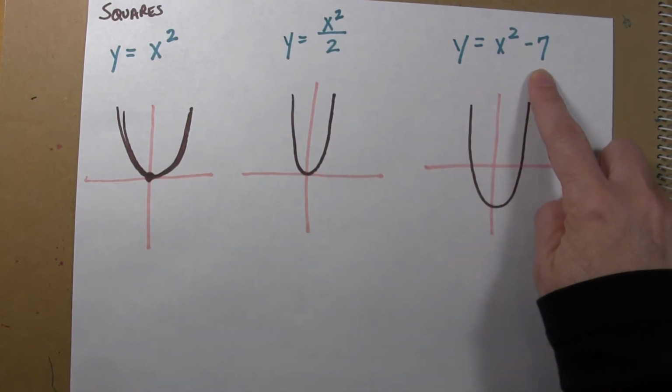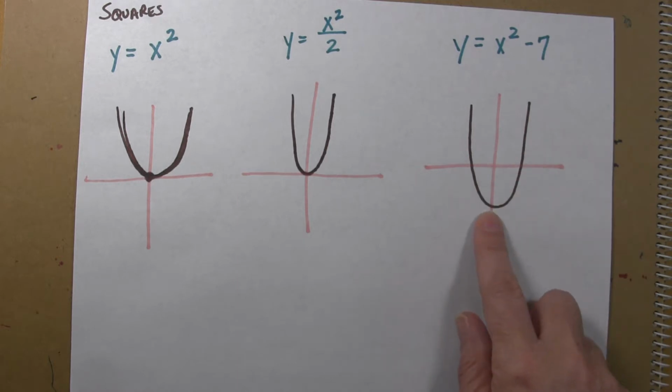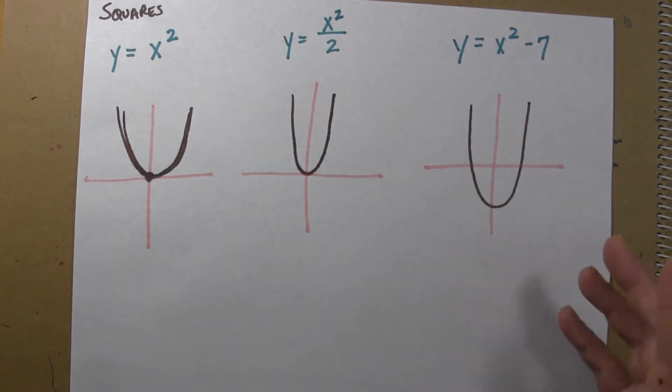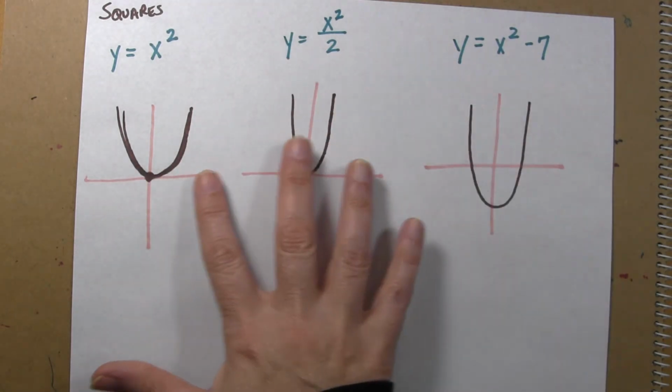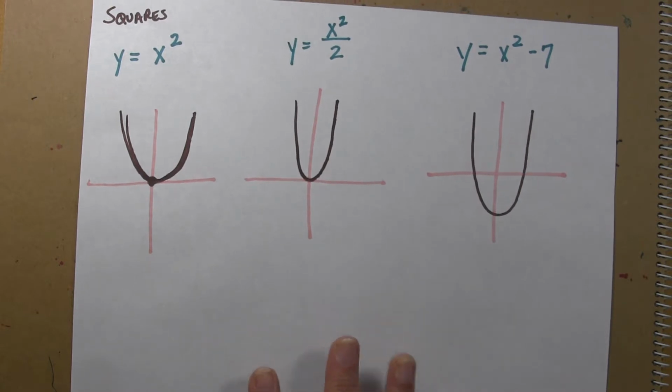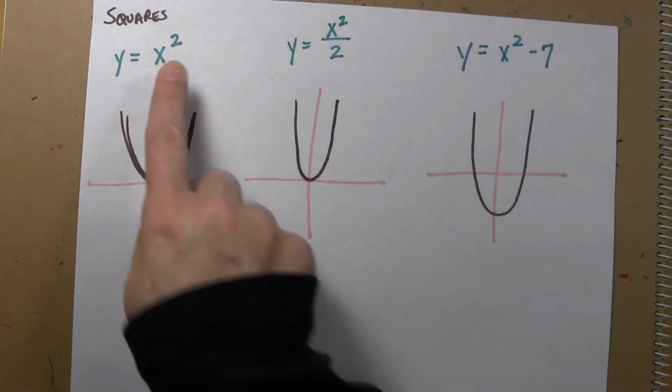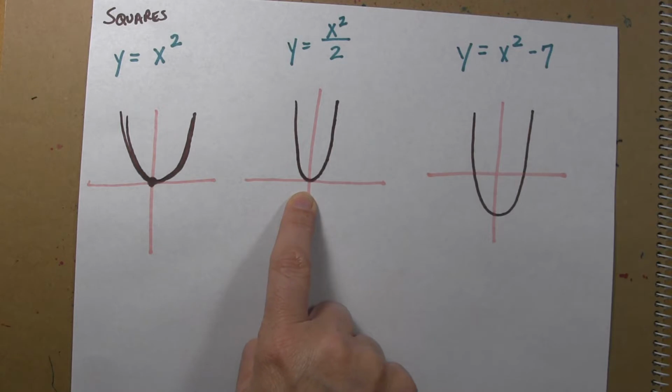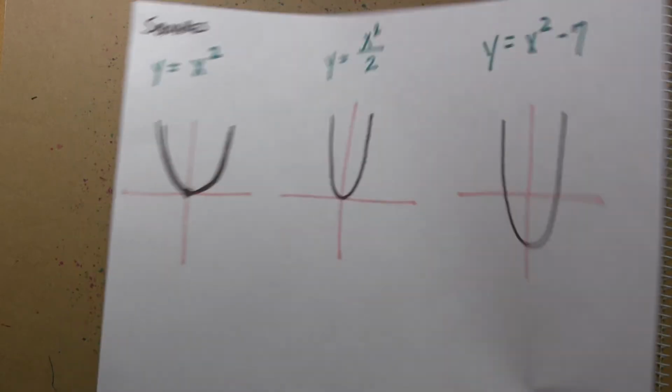And here we have x squared minus 7, which moves our whole U down. Again, the point is not that you anticipate how the U moves. What I want you to remember, however, is whenever you have x squared, you should be thinking, oh, I bet it's going to be U-shaped.